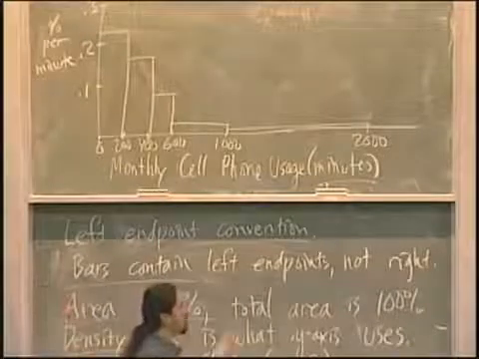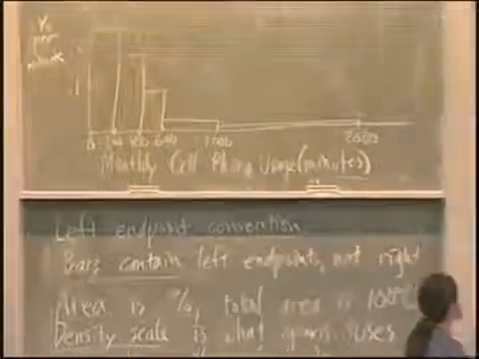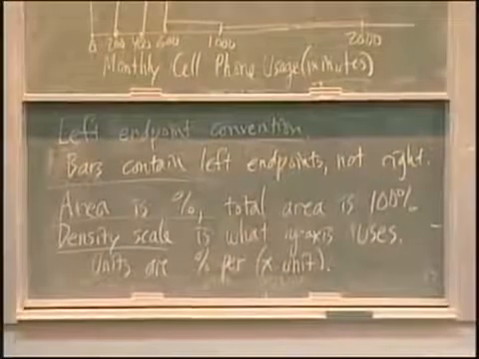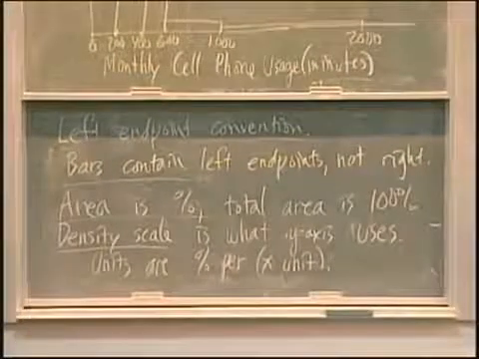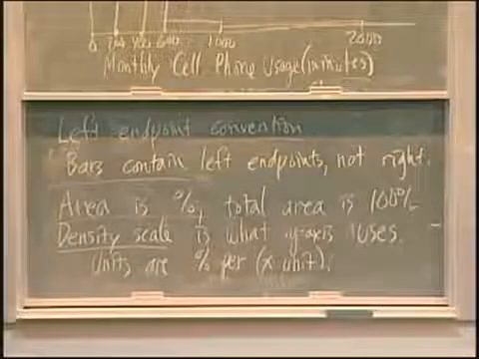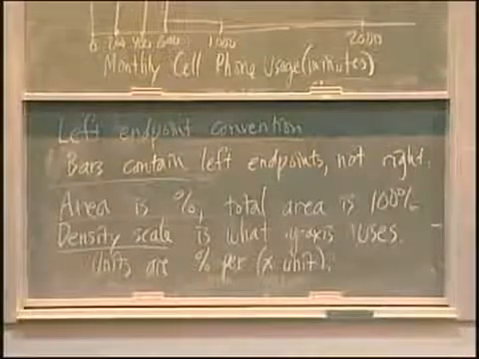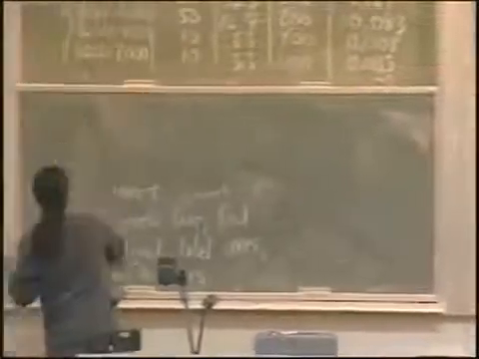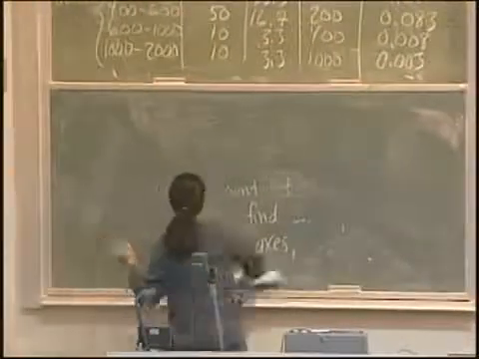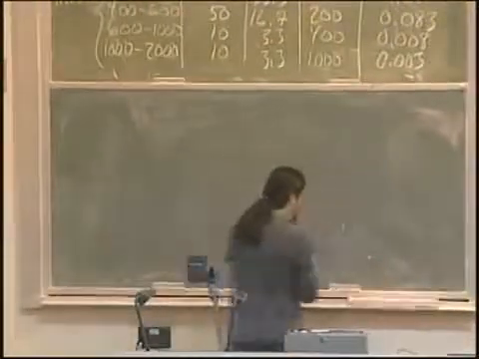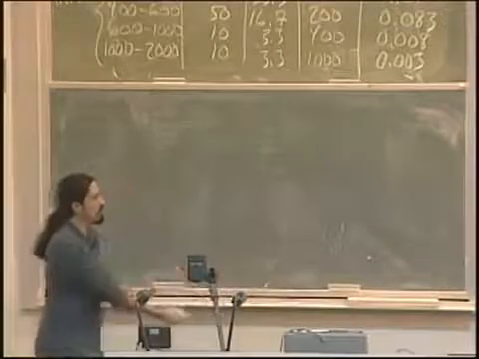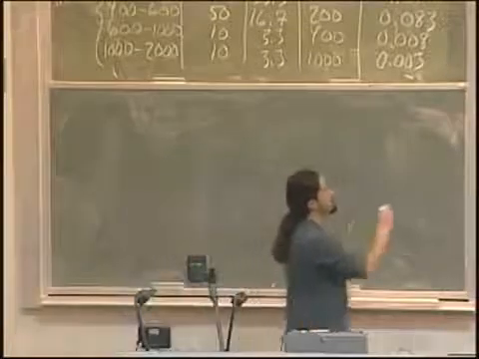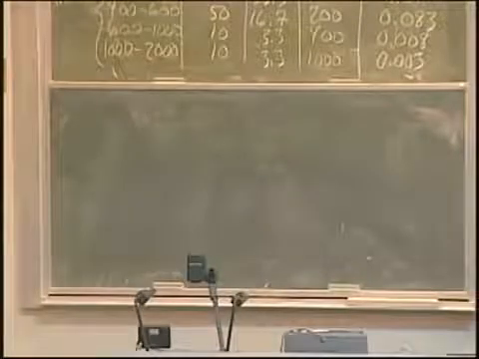Now, why are we doing this? There's one more thing I want to say. I'll erase the top. I think part of what one of the people who asked me a question was getting at is making these bars all the same width or not.